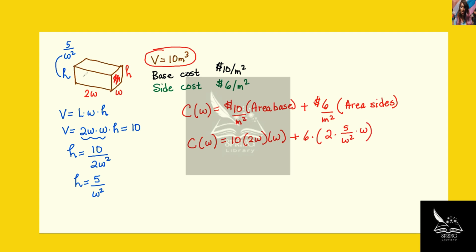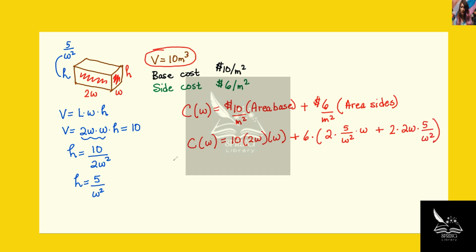And then we have two that are this dimension, so I can fit it all in the same parentheses. Plus 2 of those sides, which are made up of 2w times the height, and the height is 5 over w squared.